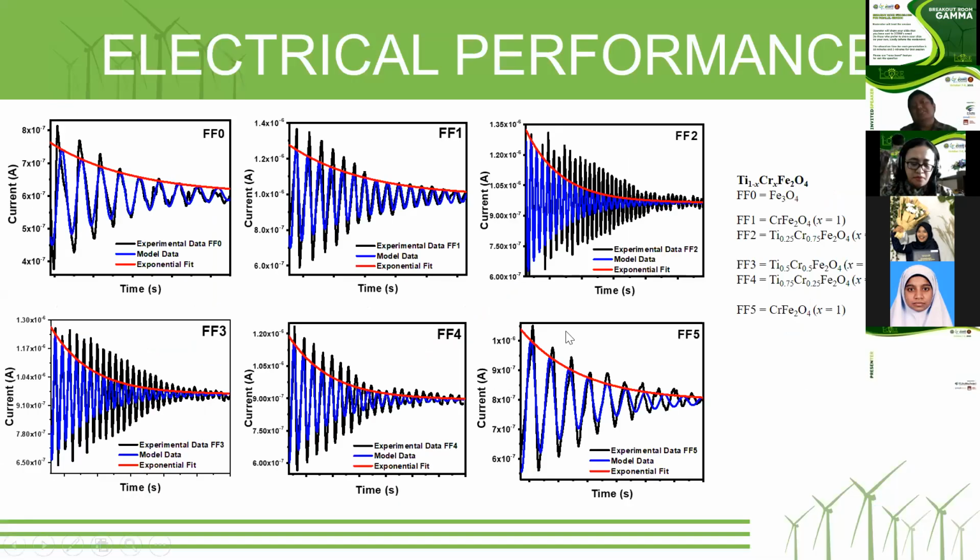We can see in the current versus time there are at least 2 phenomena. The first one is oscillation. In physics, this is harmonic oscillation.